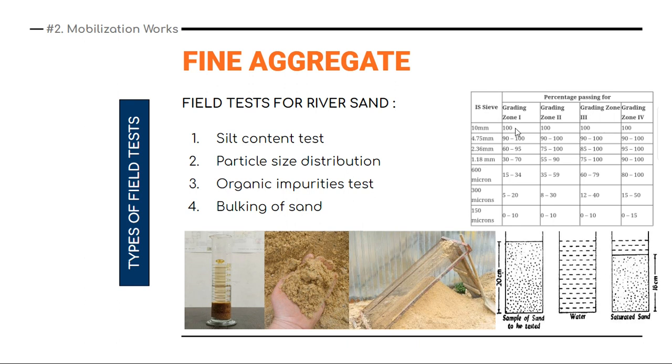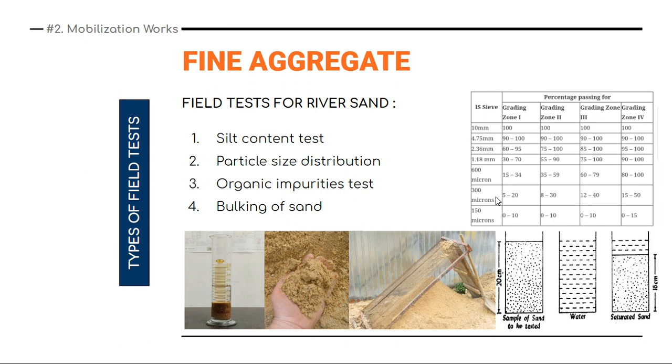So here are various sieve sizes. You can see from 10 mm to 150 microns. At 10 mm, obviously every sand is going to pass that sieve. Then the 4.75 mm sieve, then 2.36, 1.18, 600, 300, 150.